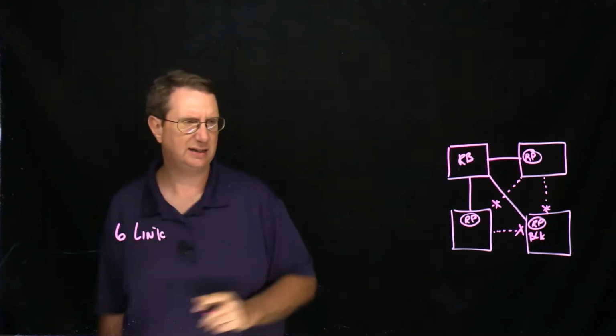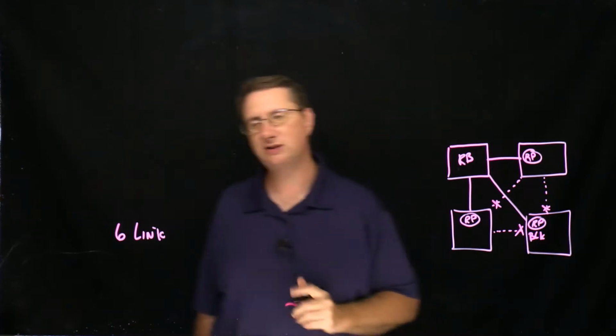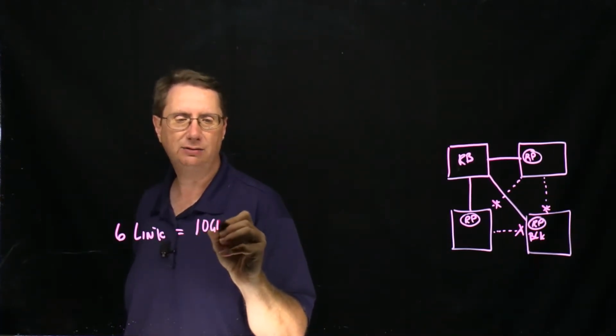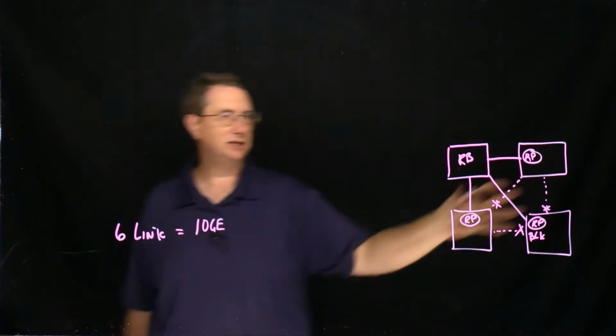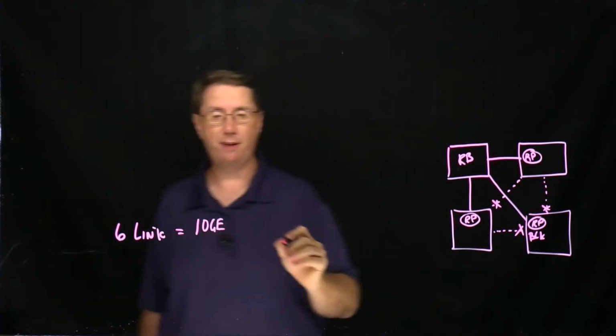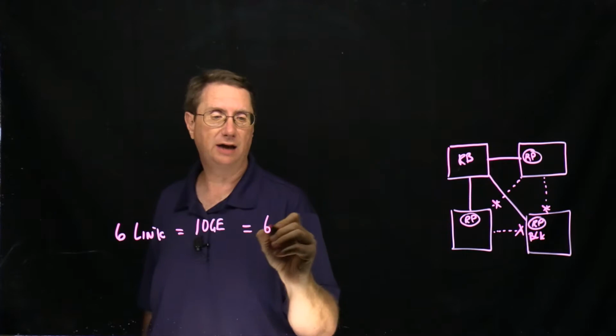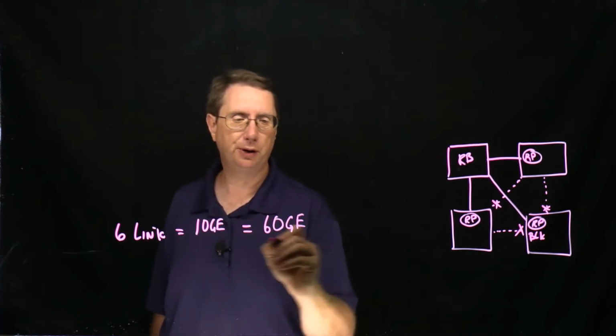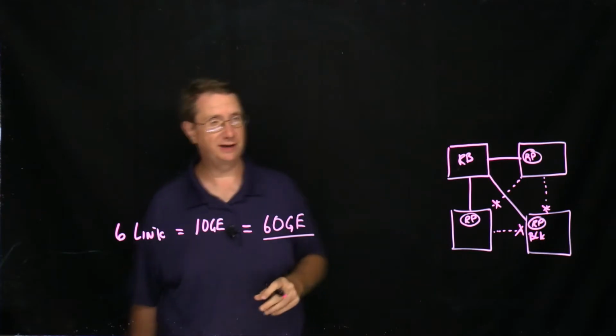So I have 6 links in the configuration, and the 6 links that I have, let's just pretend that they're all 10 gigabit Ethernet connections. Now that means mathematically here, in my topology, I have a total of 60 gigabits of throughput by taking all of those interfaces and adding them up.